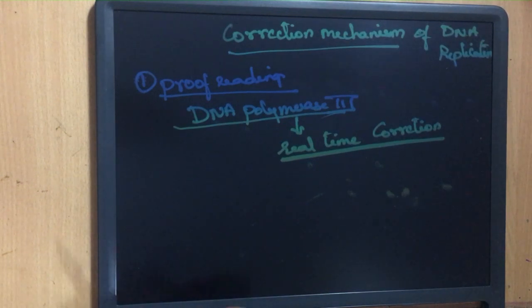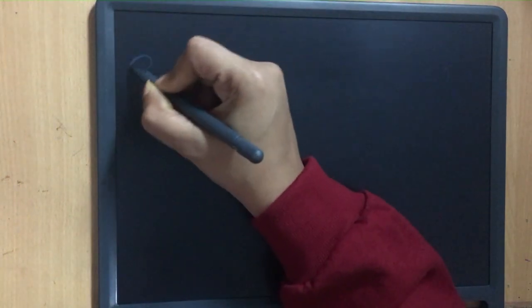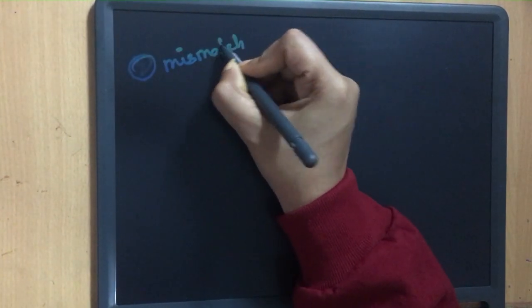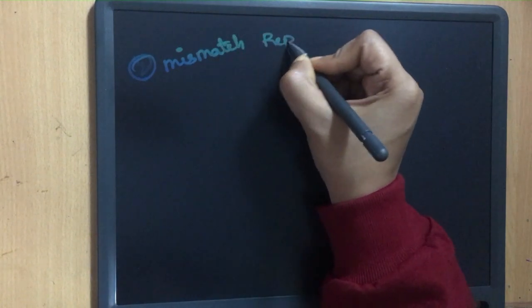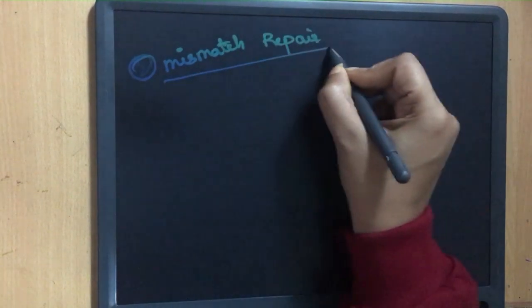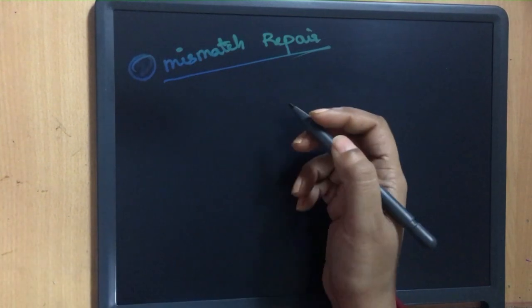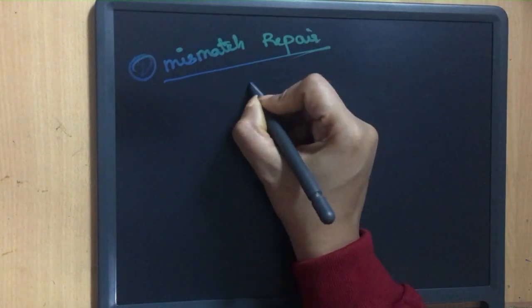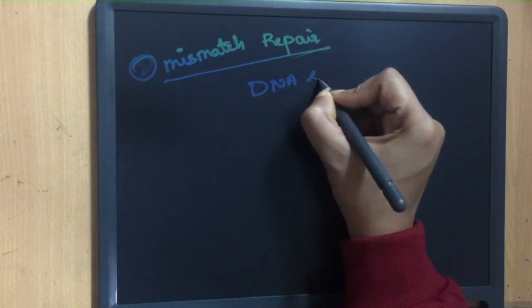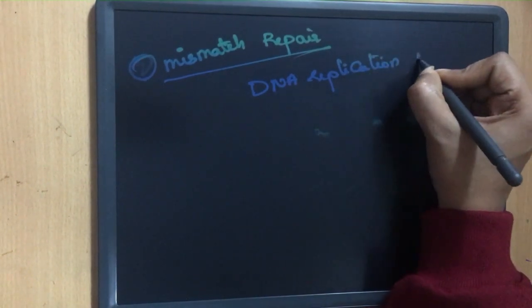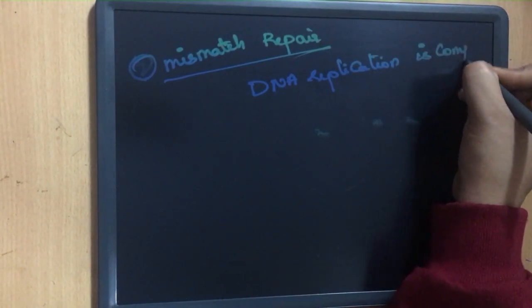Okay, the second one is mismatch repair. Mismatch repair is done when the DNA replication is complete.